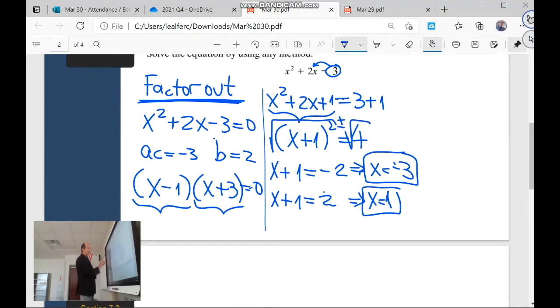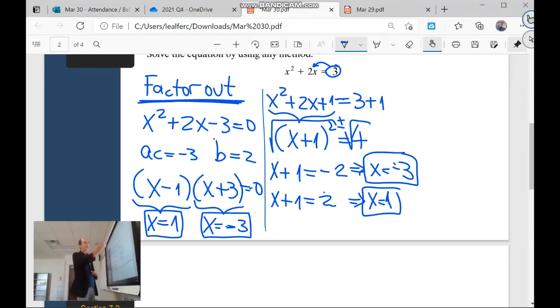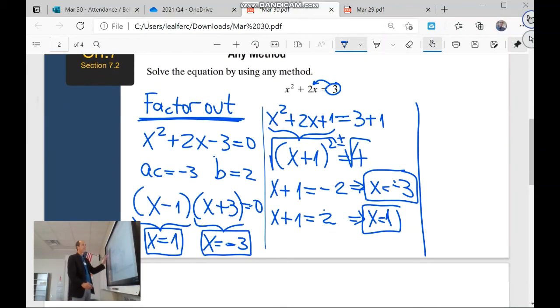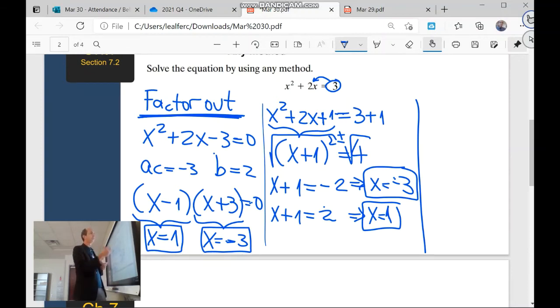You're going to find the same answers, right? Because check this out. To make this equal to 0, x equals 1. To make this equal to 0, x equals negative 3. And finally, the last way of finding the solutions is using the quadratic formula.